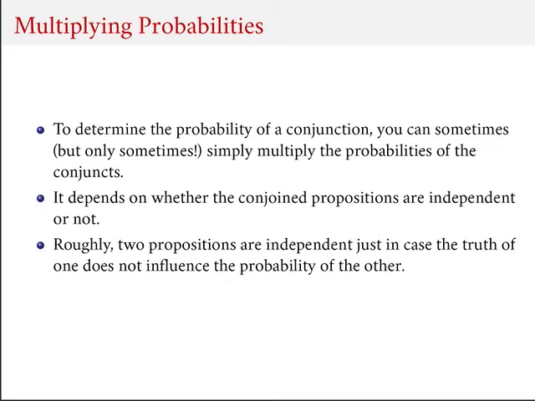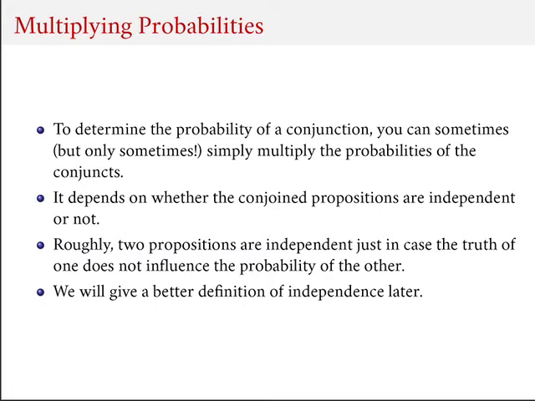Two propositions are independent just in case the truth of one does not influence the probability of the other. That is to say that one does not make the other more likely. They are independent. Now, I'll return to this in a few slides, but also in the next lecture, in a couple days, we will give a more precise definition of independence.